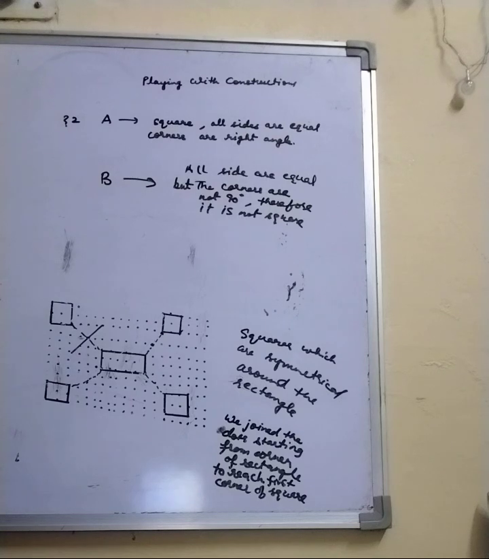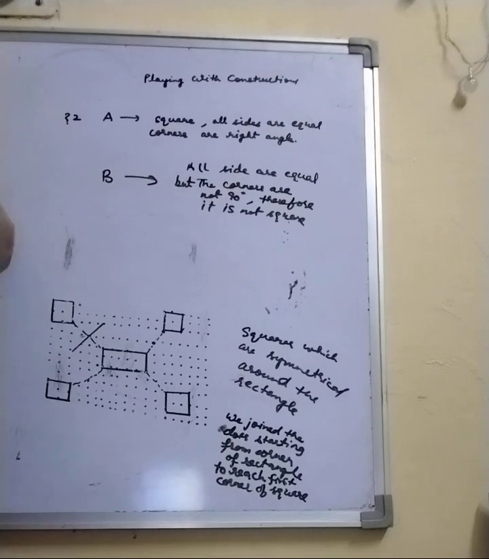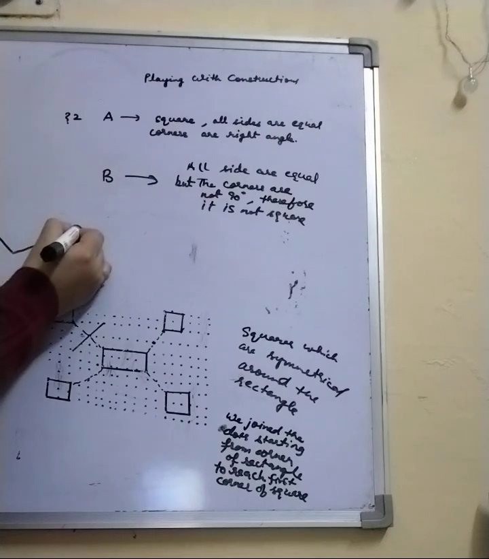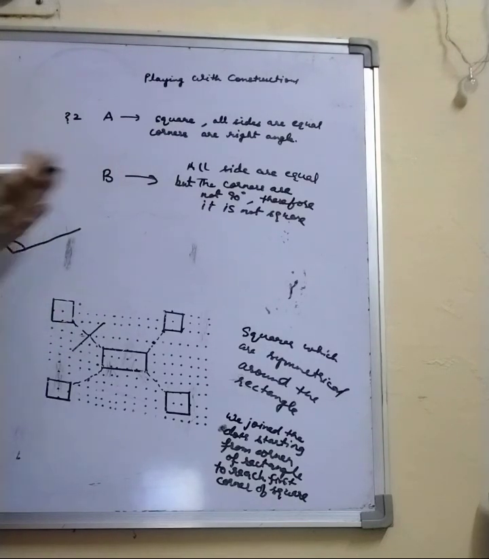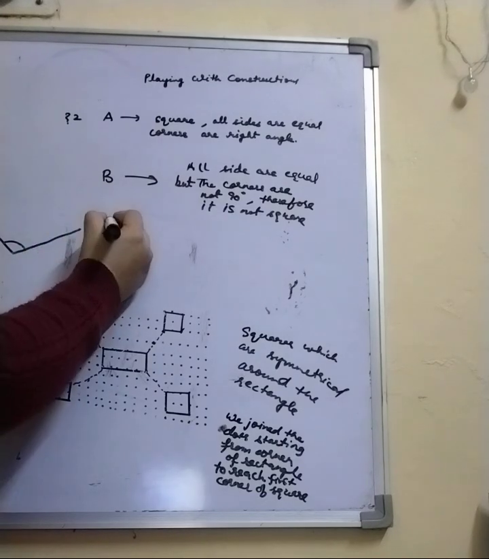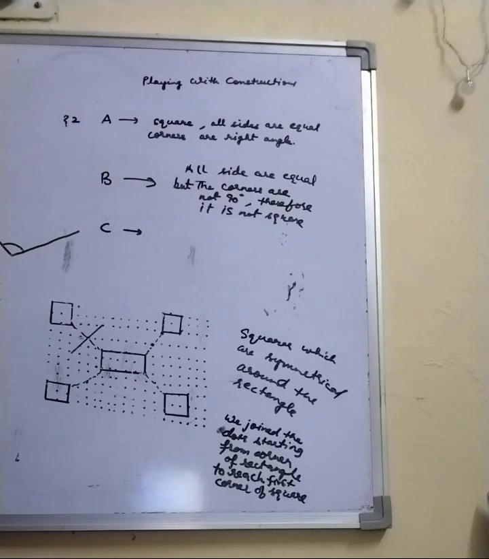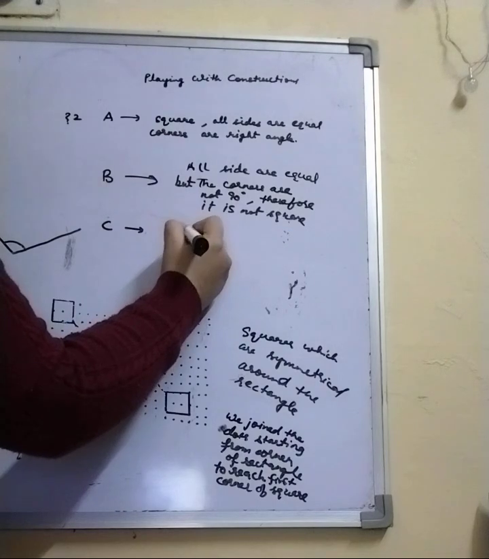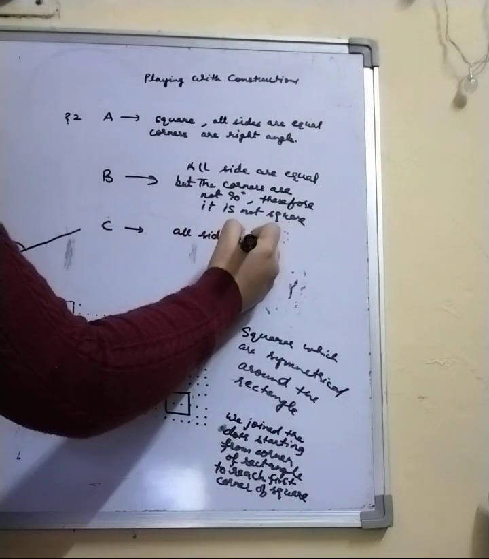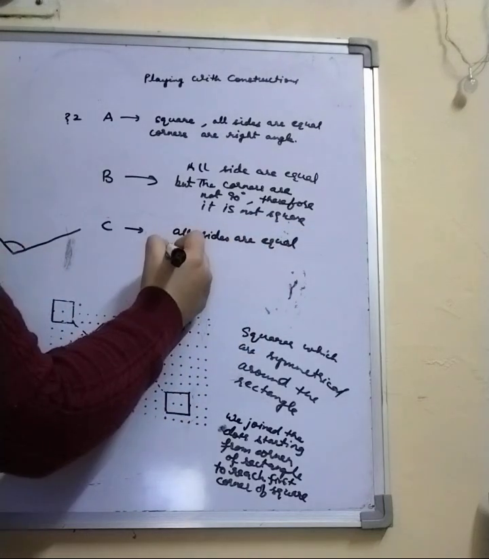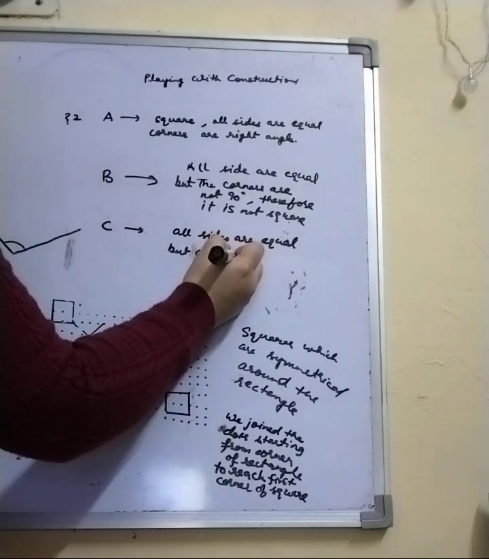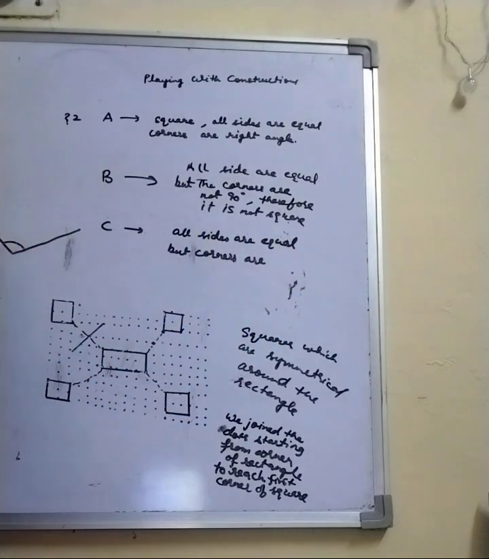The third one, again the opening of the figure is greater than L. This is not L, this is more opened as compared to L. So again, how many dots has it joined, 1 2 3 4 5, but again all sides are equal, but corners, what kind of angle is this?